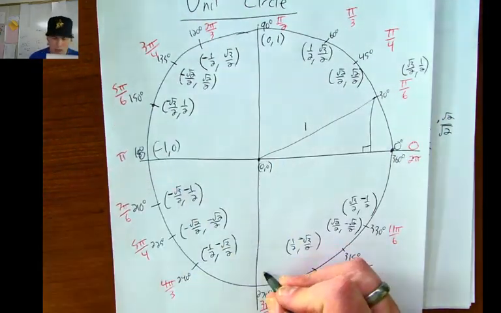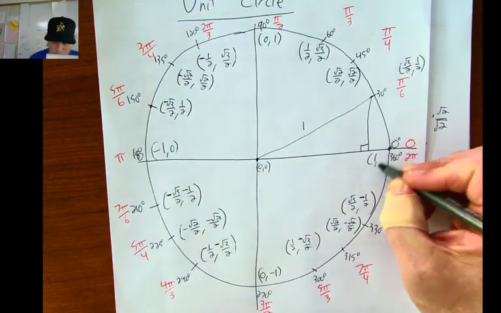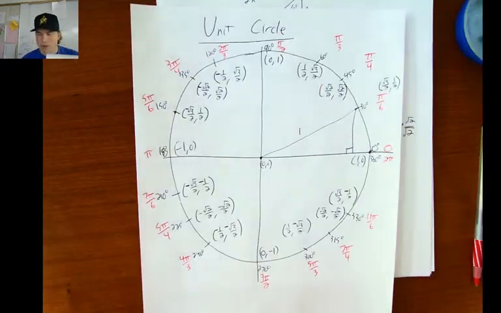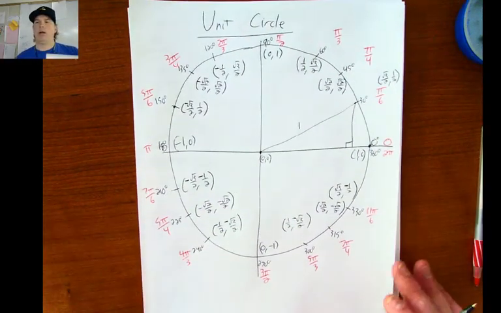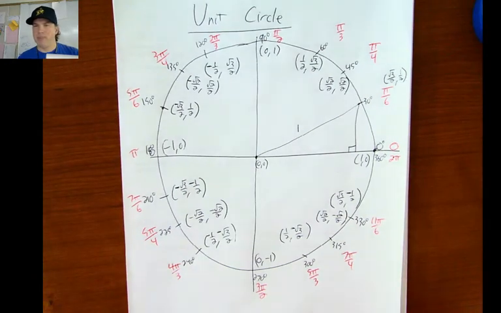Down below, you're at 0, negative 1, and over here at 0, your 1, 0. And that, my friends, my students, is how you find unit circle in 10 minutes.